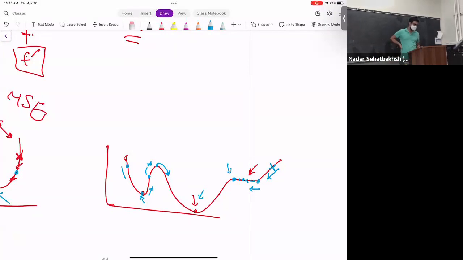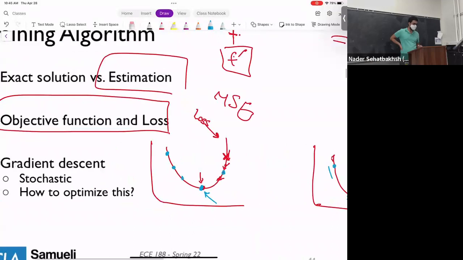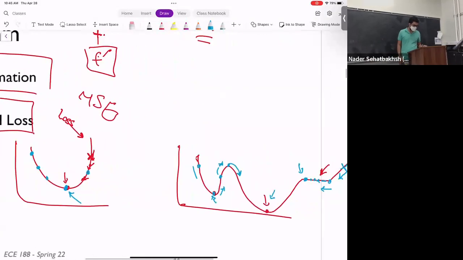So what we usually do is what's called stochastic, or adding some randomness to this, where instead of always starting at a specific point, we start at multiple different points or repeat this experiment multiple times so that we kind of guarantee that we are finding this point here. So for example, if we start here, it is guaranteed that we can find this point.